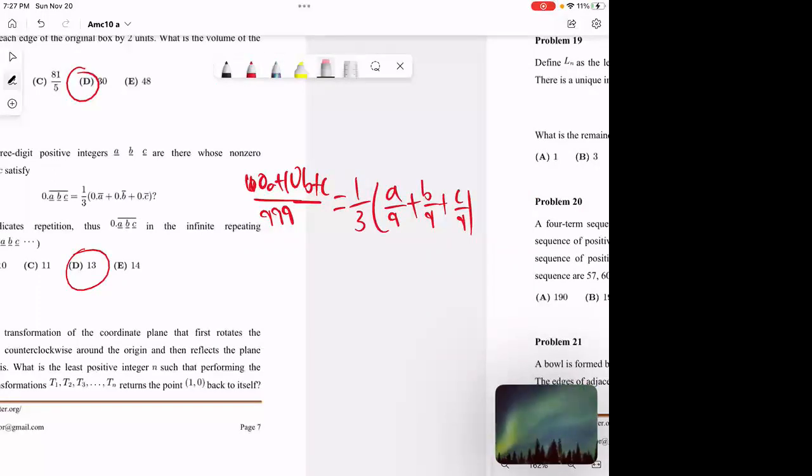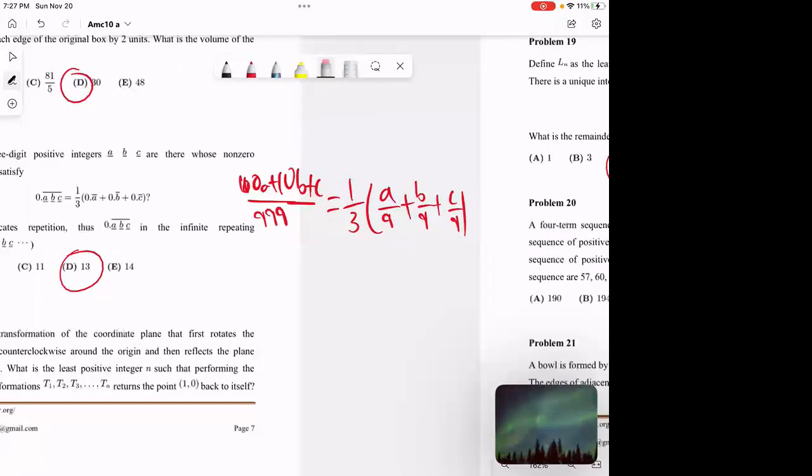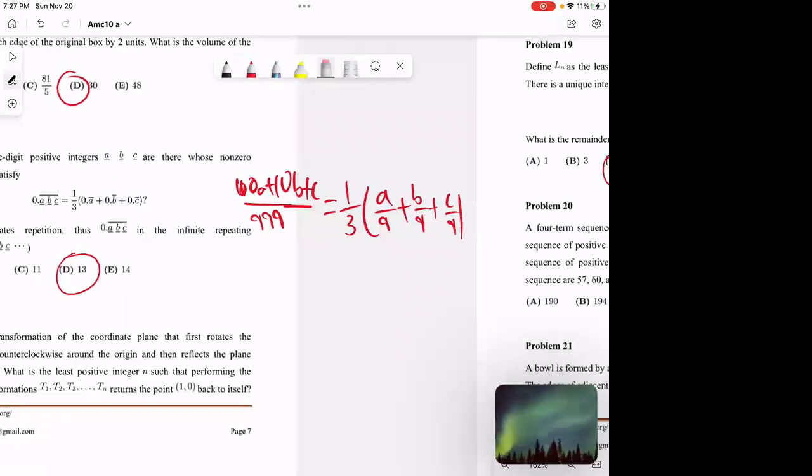So from here, what we do is we can just multiply everything by 27, I think that's the best way.